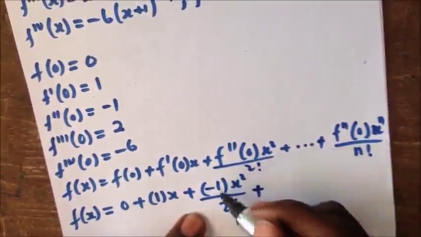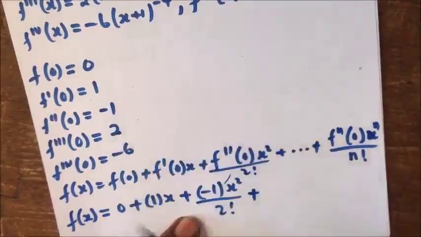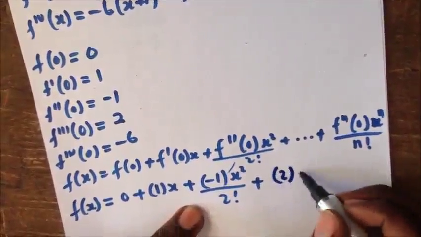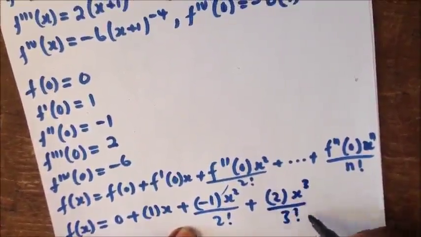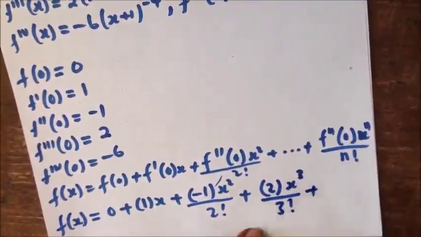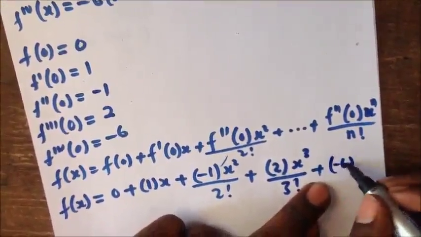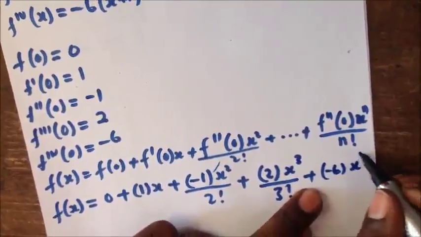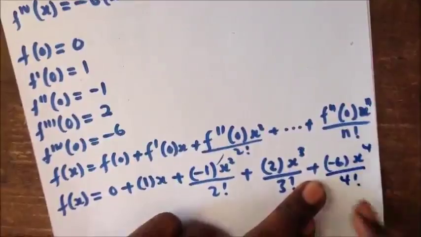Then plus the third derivative, which is equal to 2, multiplied by x to the power of 3, divided by 3 factorial, plus the fourth derivative, which is negative 6, multiplied by x to the power of 4, divided by 4 factorial.